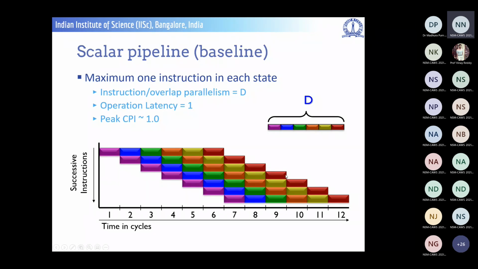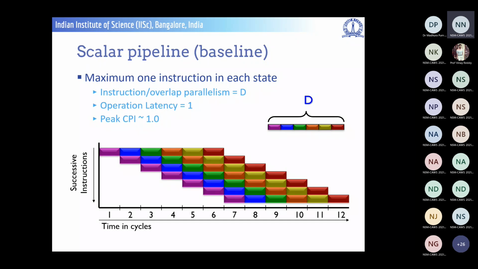So what happens in the pipeline? In the steady state, if there are no pipeline hazards and so on, the pipeline is all full. Then you will be able to get an IPC of 1, or a CPI of 1, both the same here, because every cycle one instruction will complete its execution.